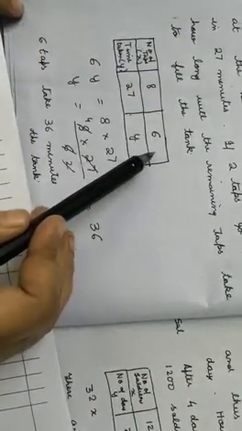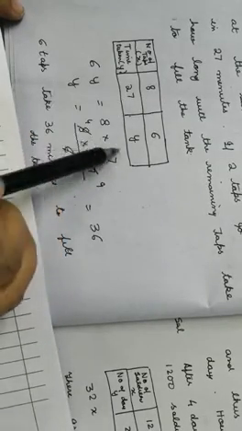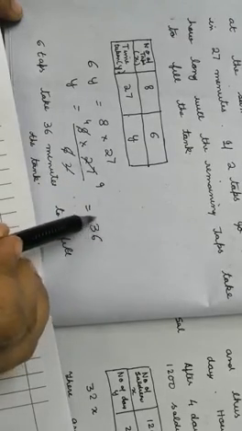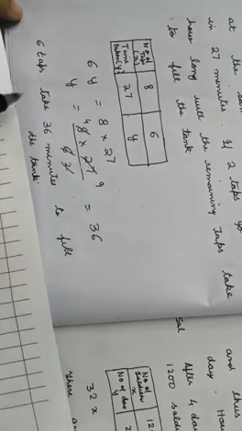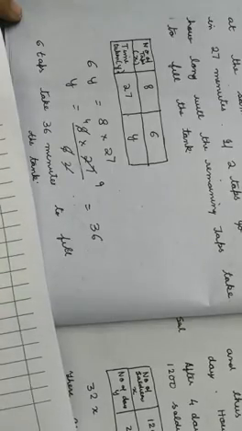Every time x into y is going to be the same. So 6 into y should be equal to 8 into 27. Calculating, y comes out to be 36. That means 6 taps will take 36 minutes to fill the tank. Quite simple, isn't it?